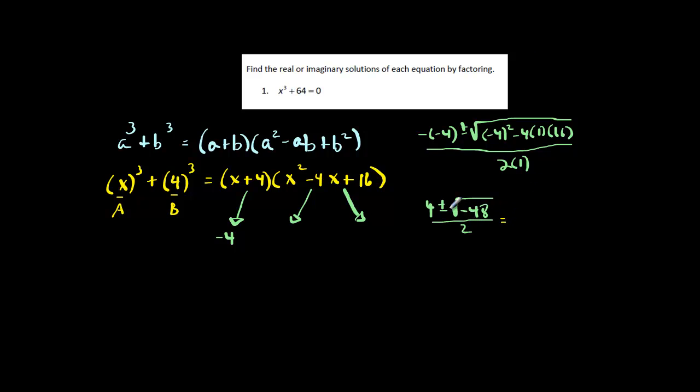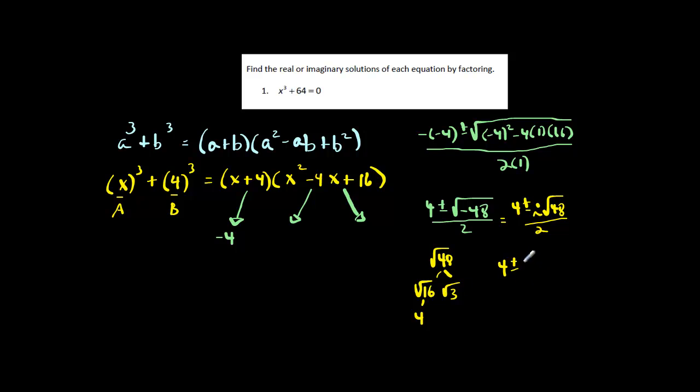Let's simplify this by taking the i out of it. And now let's break down root 48. So root 48 is the same as root 16 times root 3. Root 16 is the same as 4. So 4 root 3.